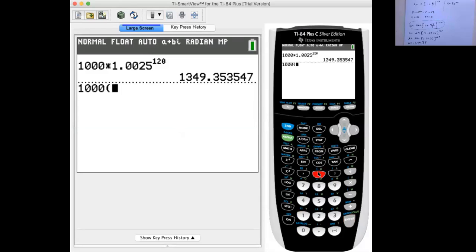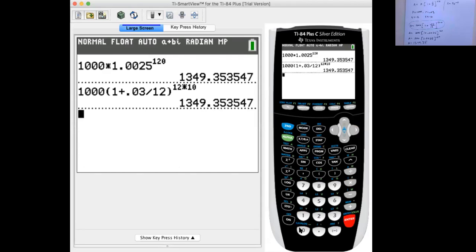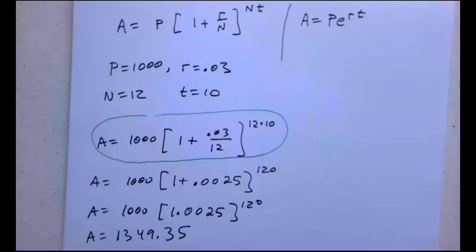You've got to really keep in mind the order of operations. 1 plus 0.03 divided by 12, parentheses, raised to the, and the way this calculator works, I'm not going to have to worry too much about order of operations. 12 times 10. It's putting it up in the exponent automatically for me. Other calculators may not. And then hopefully it'll give me 1349.35, and it does. Very good. So that was for compounded monthly.